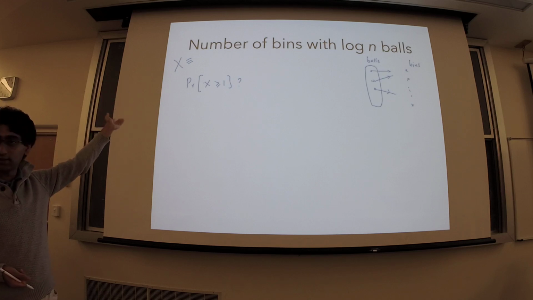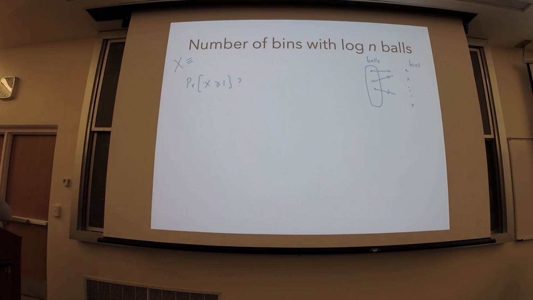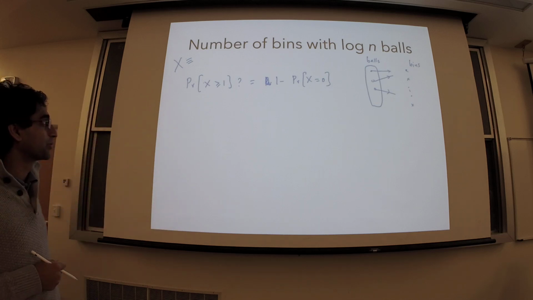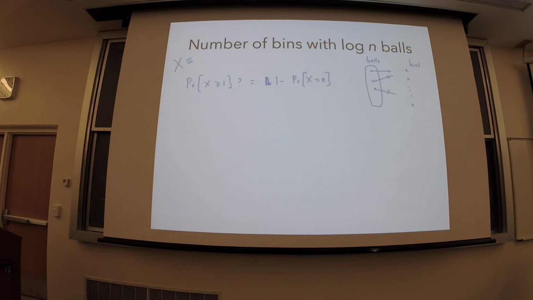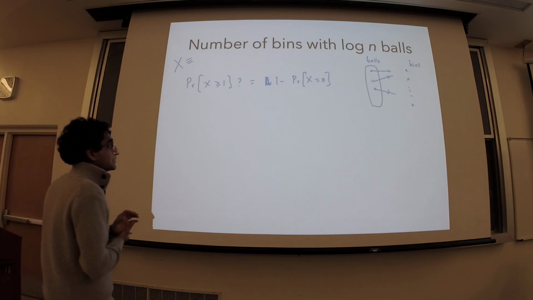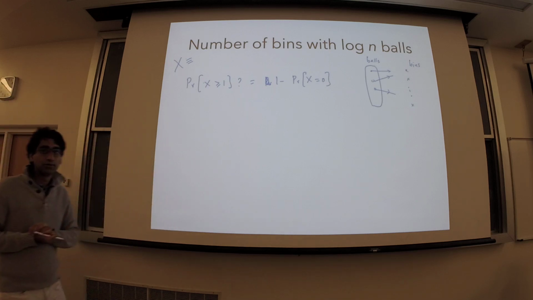Or equivalently, it's like saying this is 1 minus the probability that x is 0. x is a non-negative random variable, because it's a number of things, and so the probability that it's more than or equal to 1 is exactly 1 minus the probability that it's equal to 0.